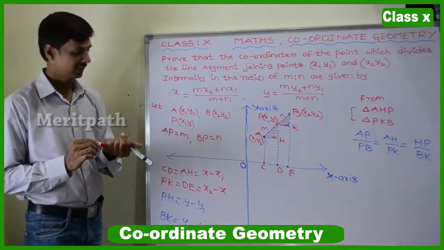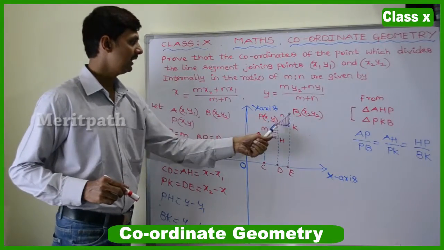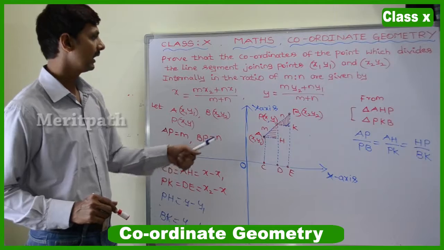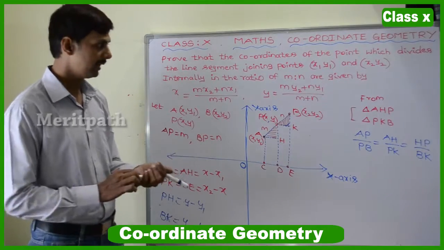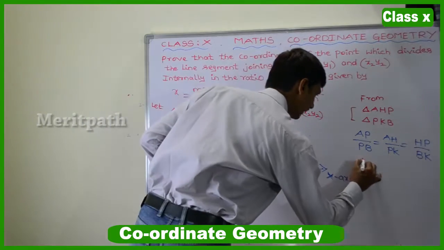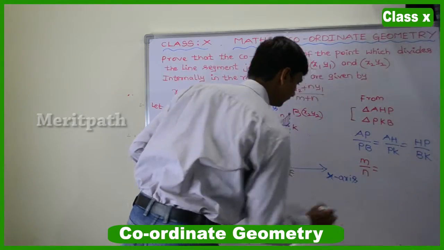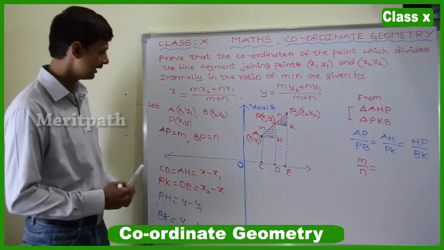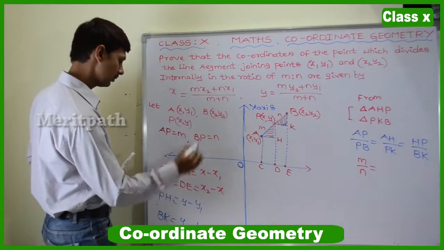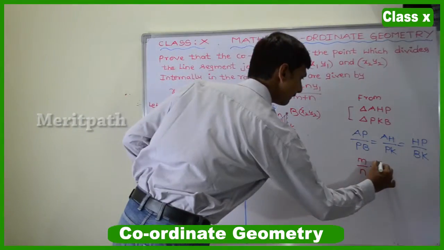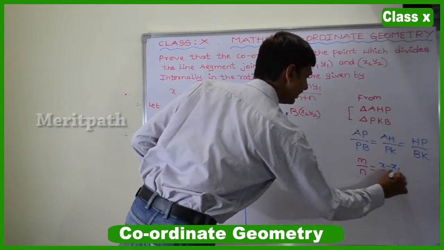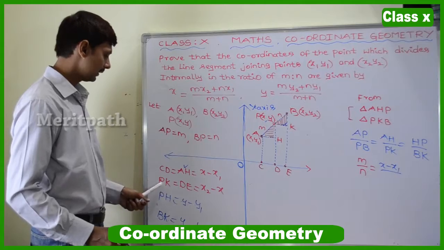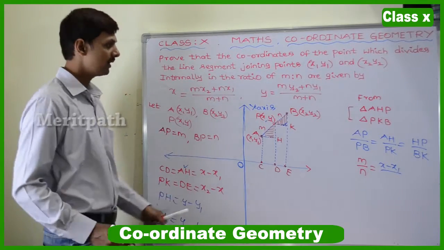So we have taken AP equal to m and BP equal to n. AP by BP is equal to m by n. When we divide these two, we get m by n. So here AH by PK, the value of AH is x minus x1, divided by PK. The value of PK is x2 minus x1.